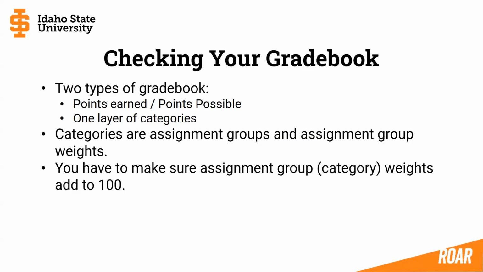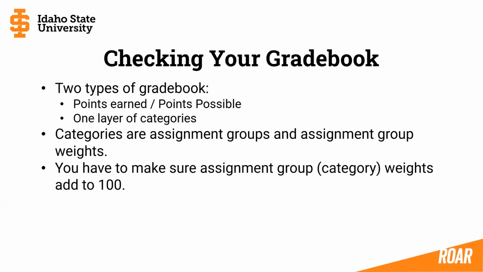The other type of gradebook in Canvas has 1 layer of assignment groups or categories, and within those assignment groups or categories, things are points earned out of points possible, and then you take the weights of those assignment group weights, and that's how the score is calculated.